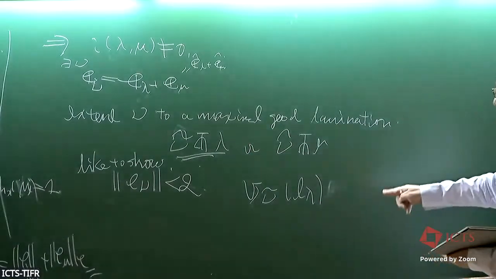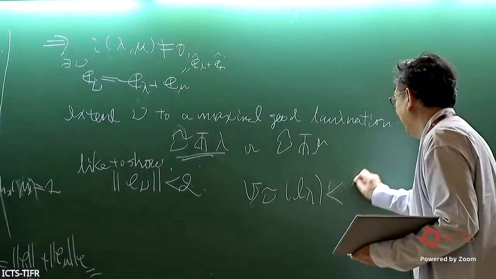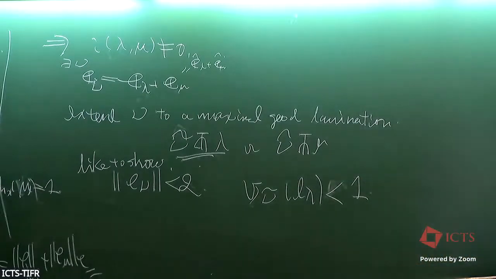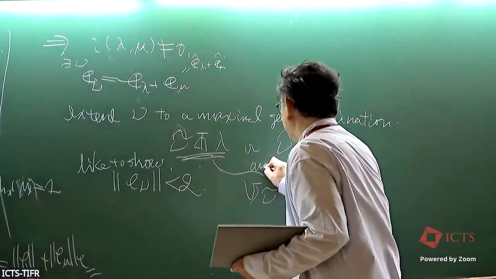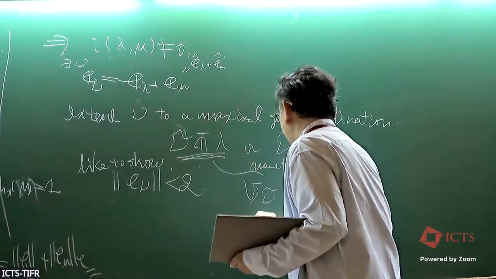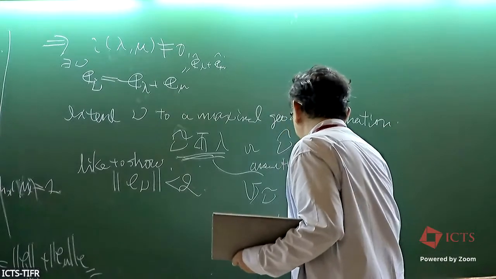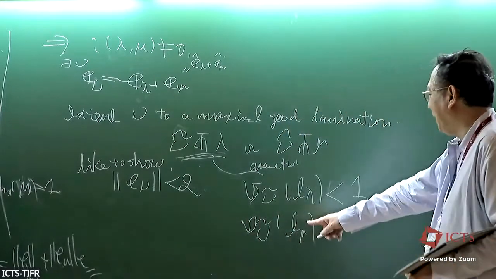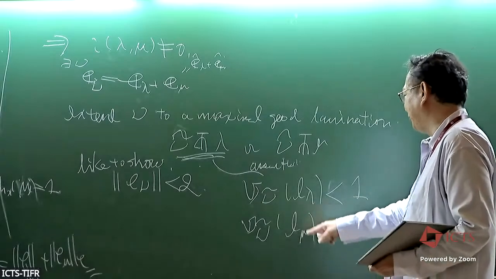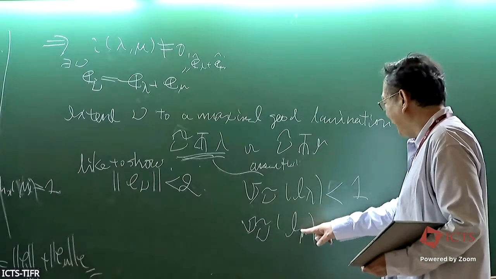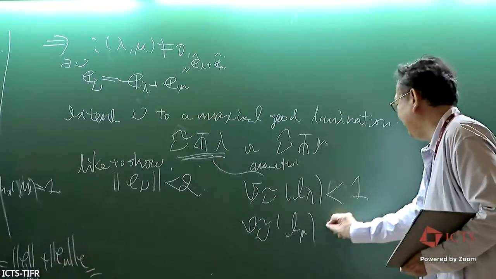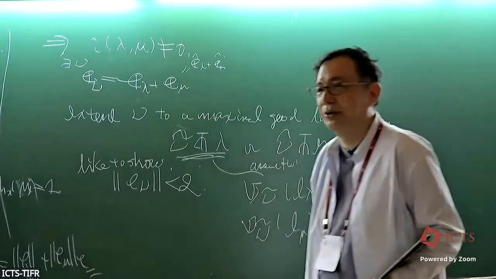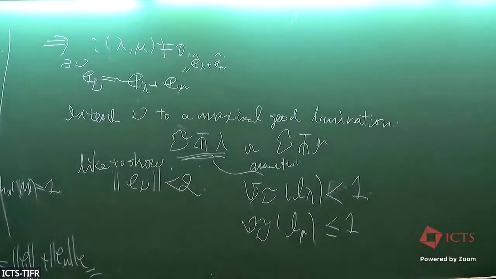So the length of lambda should be less than 1. And in general, the maximal possible value is the length of mu at x, which is assumed to be 1. So this is less than or equal to 1.